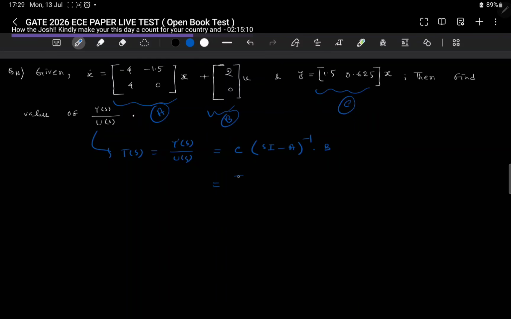Now let's write down 625, psi, sI, it will be s minus of A, 4, to the plus 1.5, to the minus 4, s.